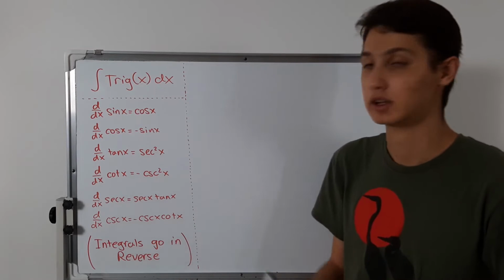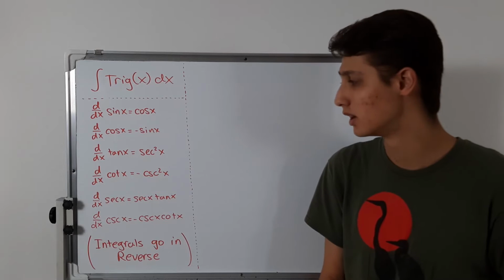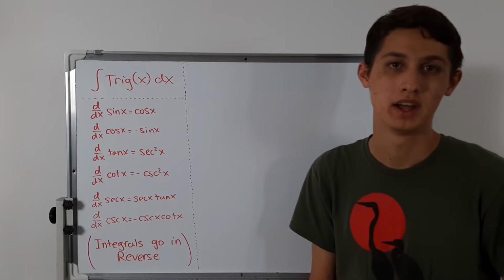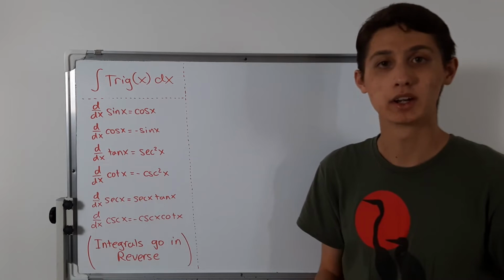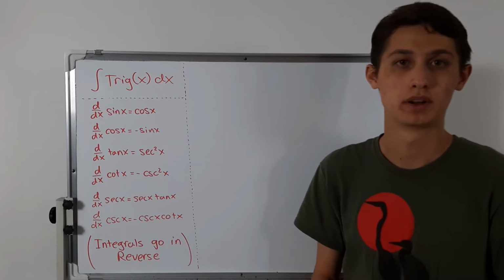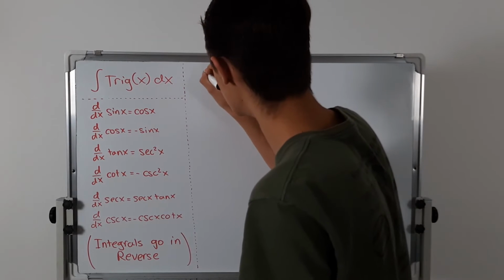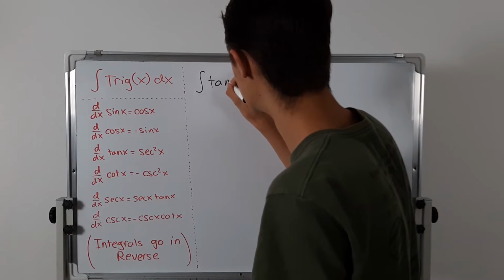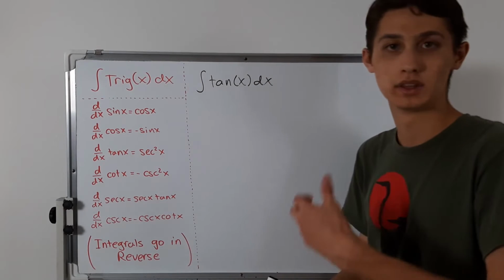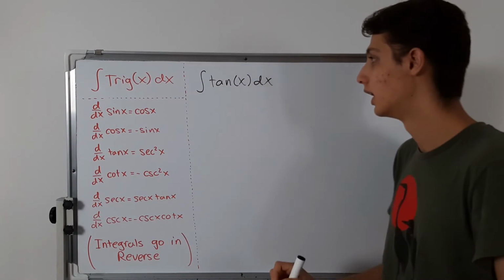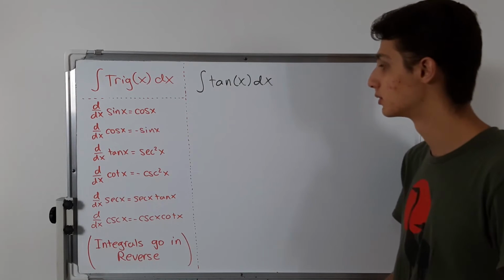And as I said, you can use u substitution, integration by parts, and especially in Calc 2, a lot of trig identities will help you. I'm not going to go into those, but I will go through one example: the integral of tangent of x dx. Hopefully this will give you some intuition about how to deal with these kinds of problems.